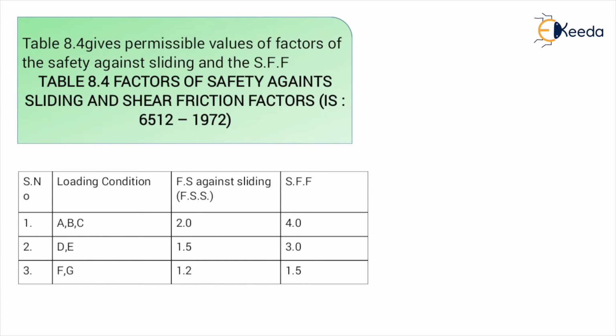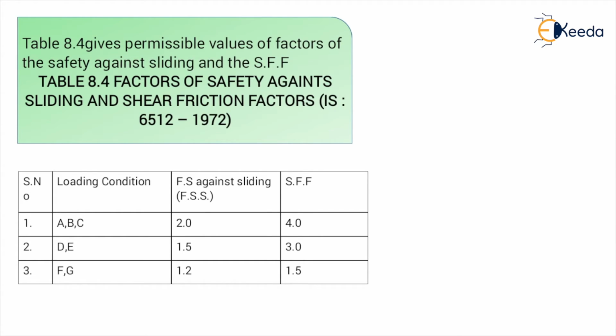According to these conditions, the factor of safety against sliding and the shear friction factor are given here. For conditions A, B and C, the factor of safety against sliding is 2 and the shear friction factor is 4. For loading conditions D and E, the factor of safety against sliding is 1.5, and you can see the shear friction factor gets doubled.